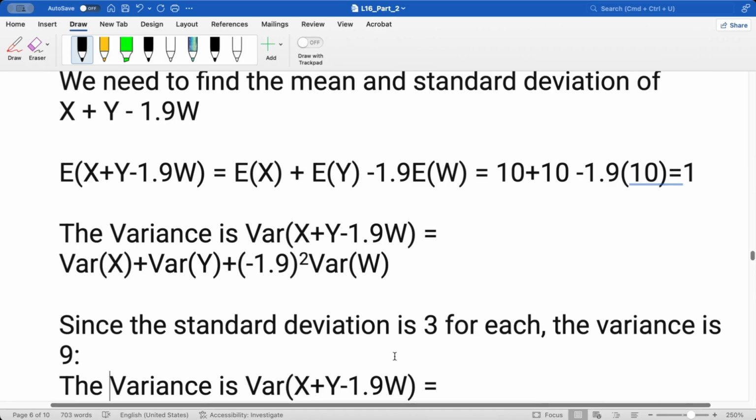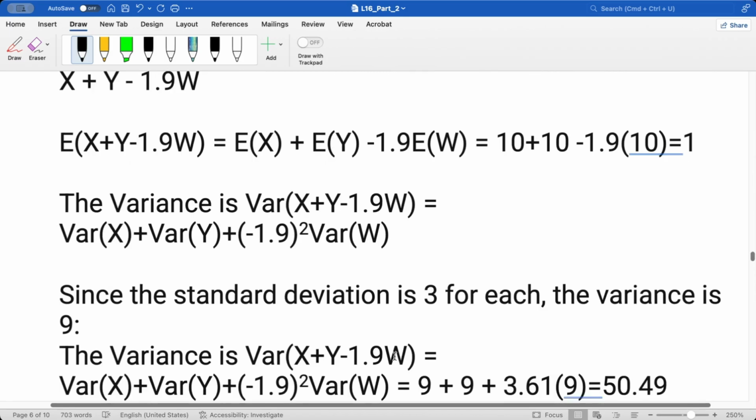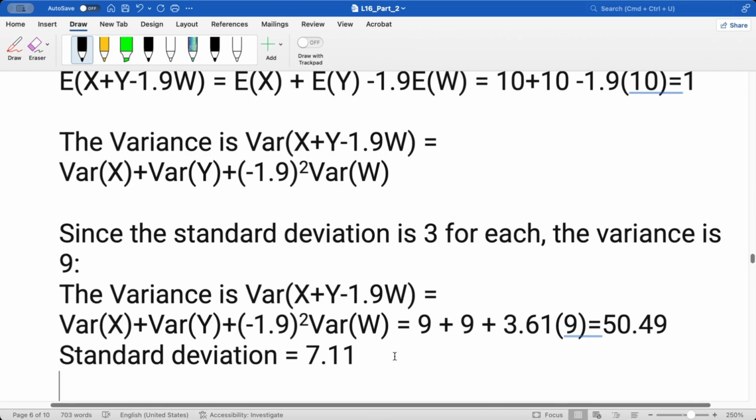So it's going to be 9 plus 9 plus the negative 1.9 squared, 3.61, times 9, for a variance of 50.49. Then we convert it back to standard deviation, taking the root of that, it's about 7.11. So this new random variable here has a mean of 1 and a standard deviation of 7.11.